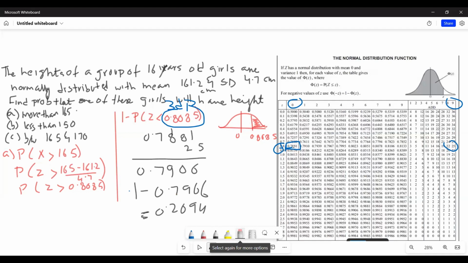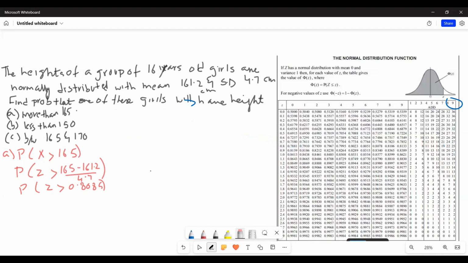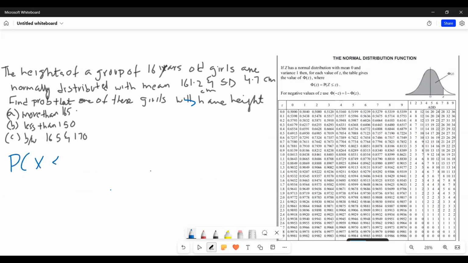Part B, less than 150. Probability X is less than 150. Probability Z is less than 150 minus the mean 161.2 divided by the standard deviation 4.7.